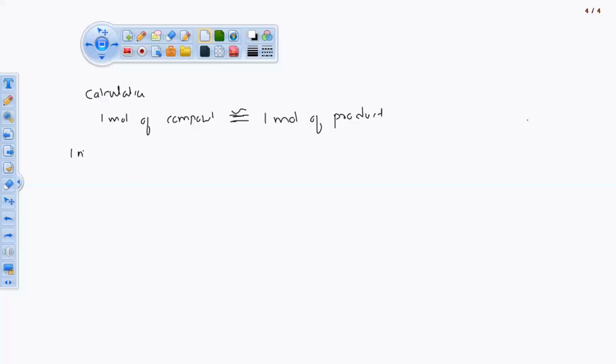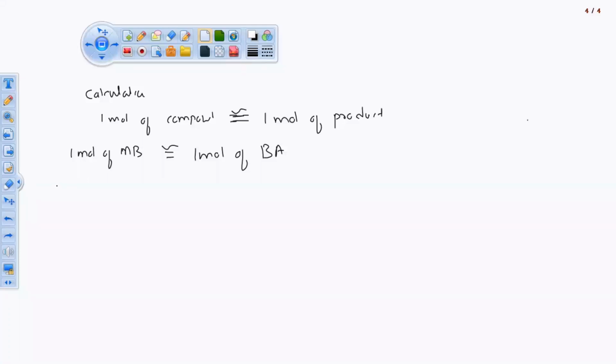It means 1 mole of methyl benzoate equals 1 mole of बेंजोइक एसिड. 1 मोल मिथाइल बेंजोएट लेंगे तो 1 मोल अपना बेंजोइक एसिड बनेगा. सो 1 मोल ऑफ रिएक्टेंट इक्वल टू 1 मोल ऑफ प्रोडक्ट मिलेगा. 1 मोल रिएक्टेंट लेंगे तो 1 मोल प्रोडक्ट मिलेगा. 1 मोल हम लोग मिथाइल बेंजोएट लिए हाइड्रोलाइसिस के लिए, देन वी गॉट 1 मोल ऑफ बेंजोइक एसिड.